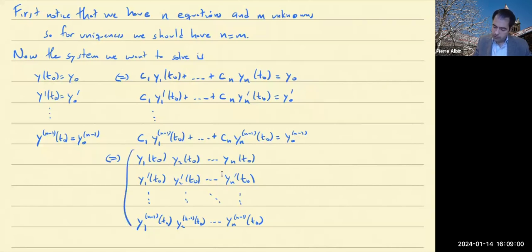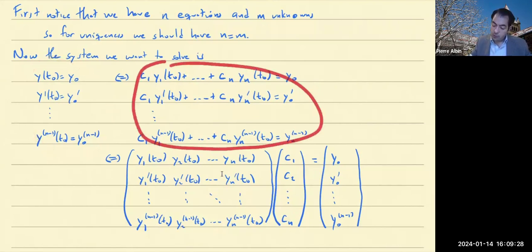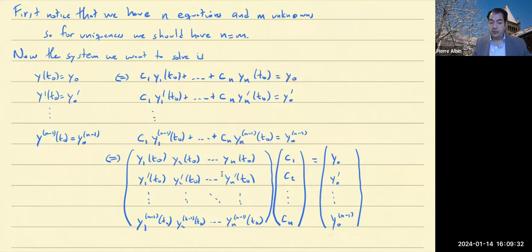We have this matrix multiplying the vector C1, C2 up to Cn, and that product should give you the constant vector y naught, y naught prime, up to y naught n minus 1. Okay, so the system we're interested in, if you write it out, is equal to this, and then if you write that out using matrix vector multiplication, it looks like this.